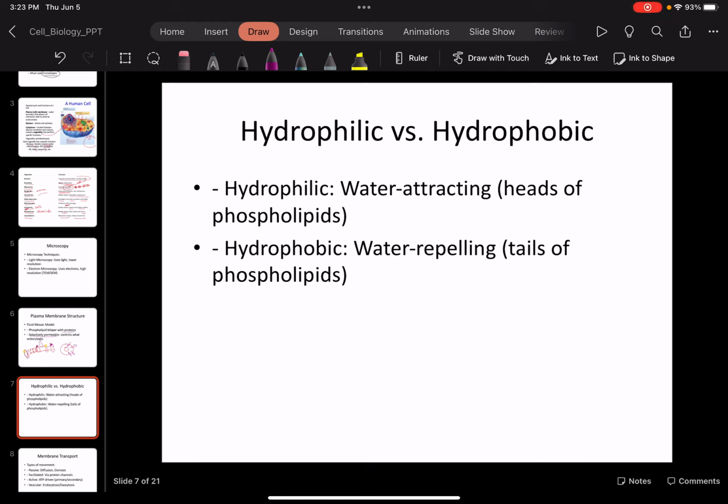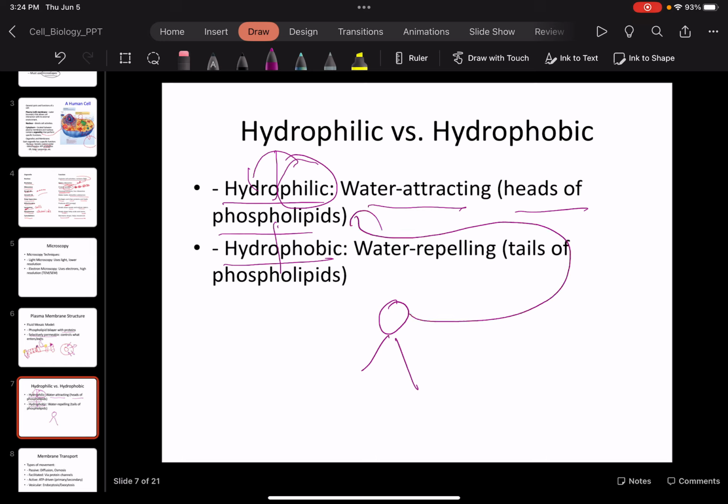There are hydrophobic and hydrophilic regions. Hydrophilic means hydro means water, philic means love towards the water. So the water-attracting phospholipid head part looks like this. Head part is what? Hydrophilic. The tail portion is hydrophobic.